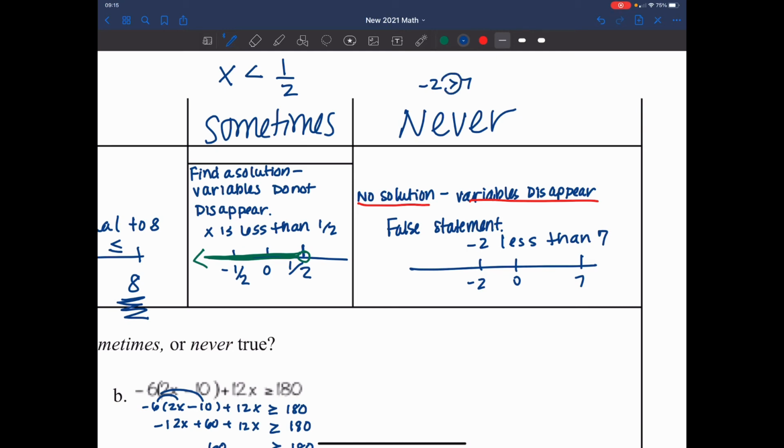But if you look at this symbol right here, it's actually saying greater than. So that's why it is a false statement, right? Because this is what's true. So this would make it true. And this right here is false. So that's why we say it's never or no solution.